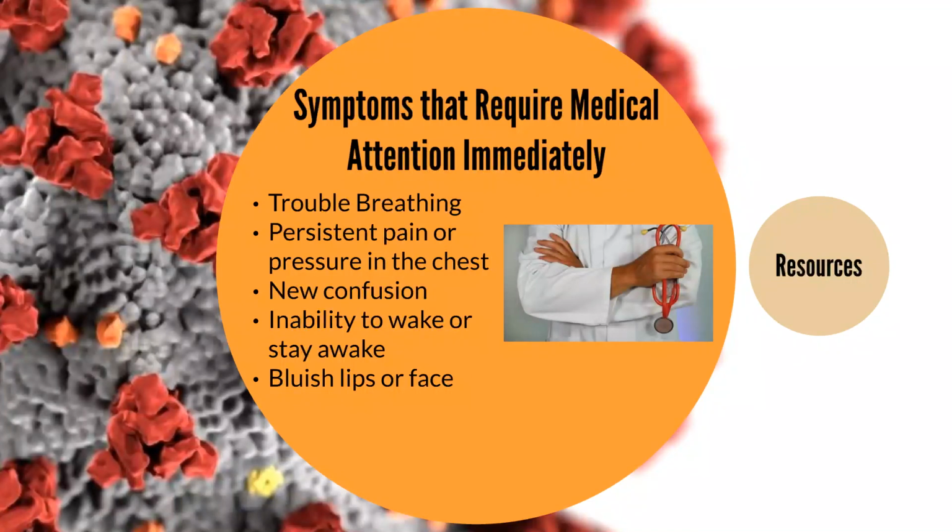You're very drowsy, and you have this bluish color that comes to your lips or face, and that's a sign that your body needs more oxygen. So something's happening in your lungs that's providing your body the inability to have enough oxygen to function properly. So you have to seek medical attention.